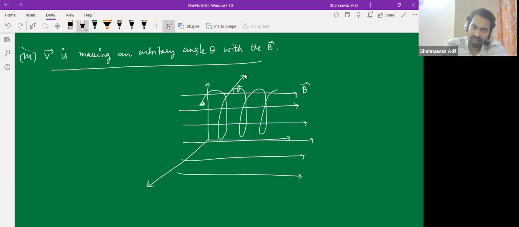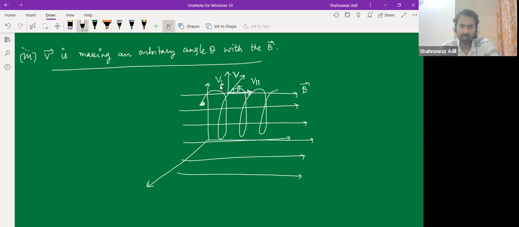So this theta will have a tangential component, right? This is the parallel component. So this is V parallel, right? This is velocity. Velocity is making some angle with the magnetic field. So this is tangential, which is V parallel, and then this is the perpendicular. This is the perpendicular velocity, right?